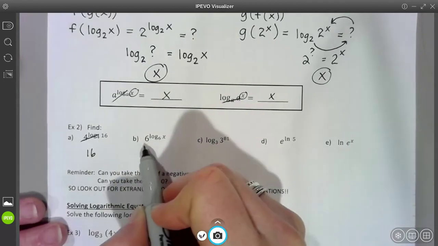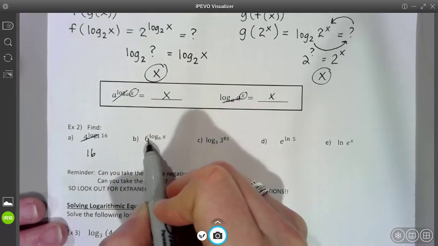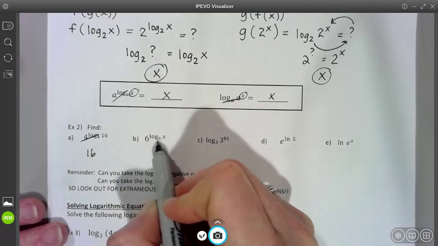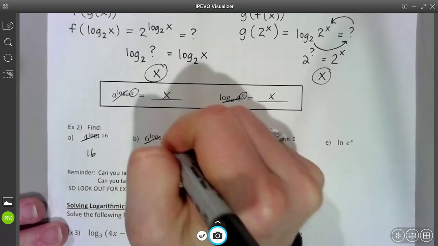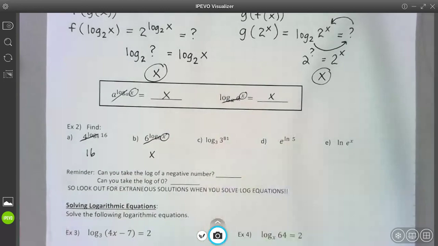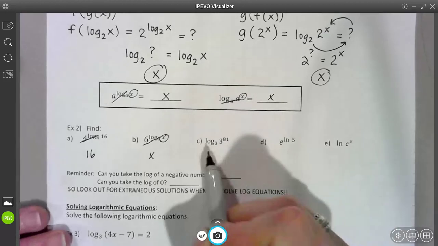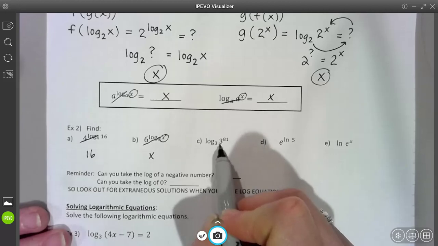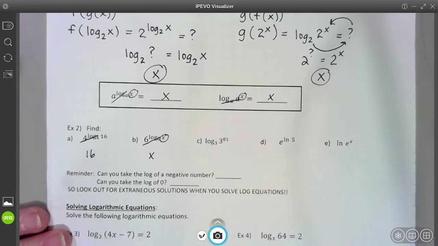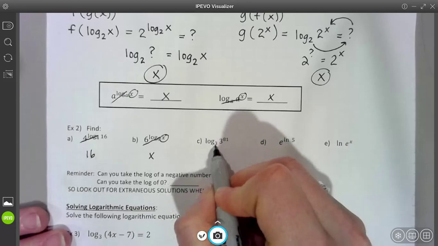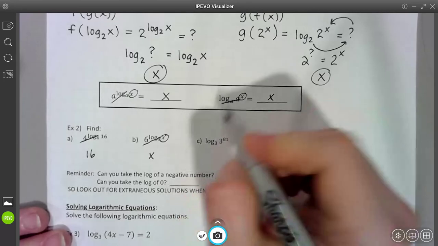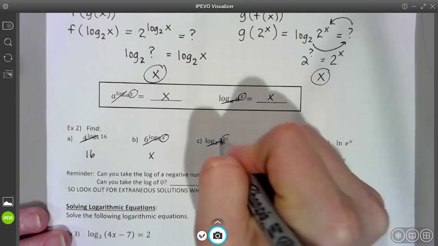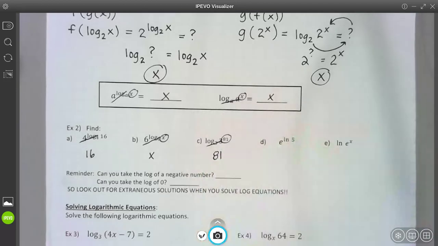A base 6 exponential raised to a log base 6, they're going to cancel each other out and leave you with just x. Okay? Look at this one. A log base 3 of a base 3 exponential raised to a power of 81. What is the log base 3 and the base 3 exponential going to do to each other? They're going to cancel, and it leaves you with 81.